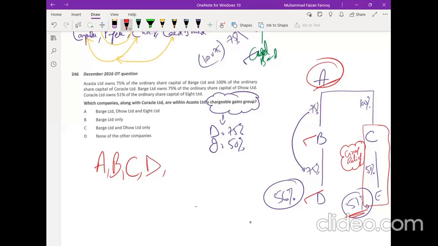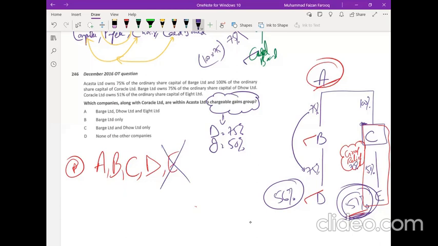So this is the last topic of this chapter, the effective holding one. We are holding E via C, right or wrong? We are holding E via C, but C and E are not forming a 75% group. So if this is the case, this company will be eliminated.